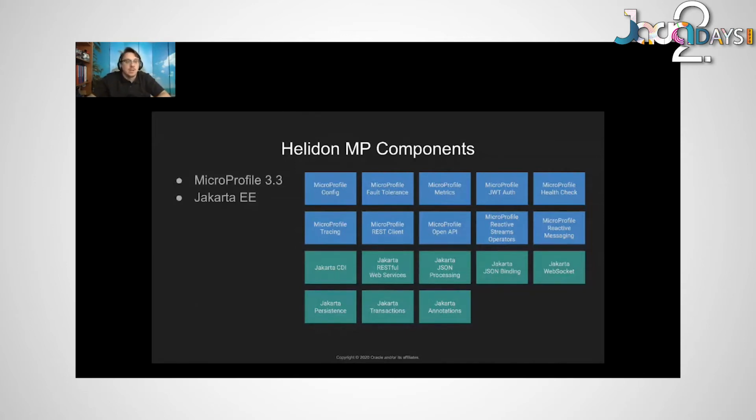This is what you will get directly when you run Helidon MP. And more than that, because we have a lot of requests from our customers, there's already out-of-the-box support, of course, for cross-origin requests, and gRPC, because it's now heavily used in the industry.